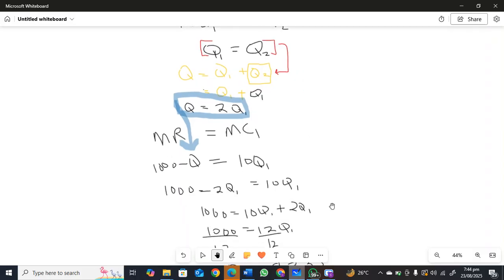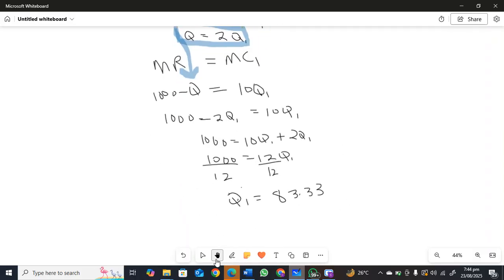So if Q1 is 83.33, Q2 is 83.33. And since they are identical cost functions, you expect that when you're tabulating quantity, they should be the same.